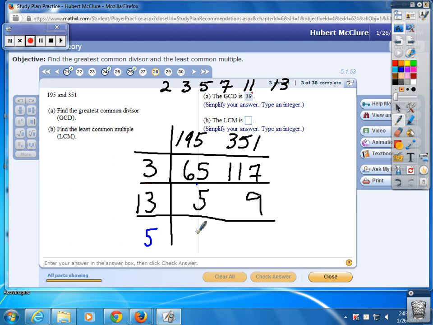That'll give you a 1, and a 9, and a 3 squared. It'll give us a 1 and a 1. So 3 to the 3rd power times 5 times 13.